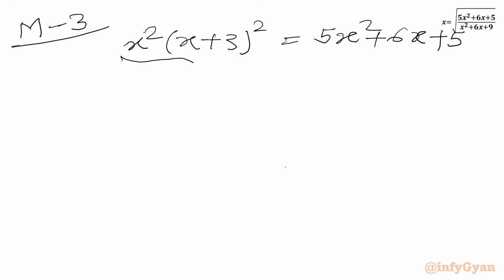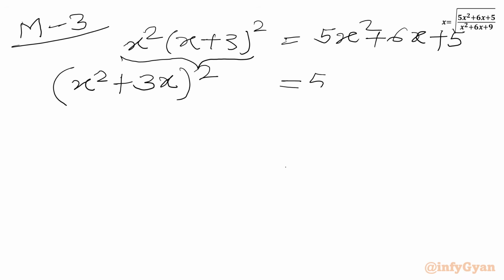Now we can club these two terms and write x times x, x square, and x times 3, 3x. Then we'll put whole square, and in RHS we'll write 5x square plus 6x plus 5.